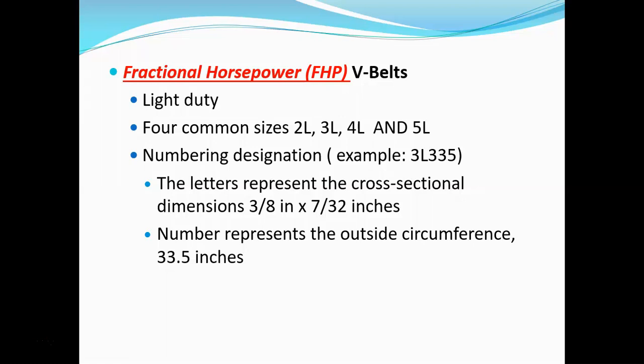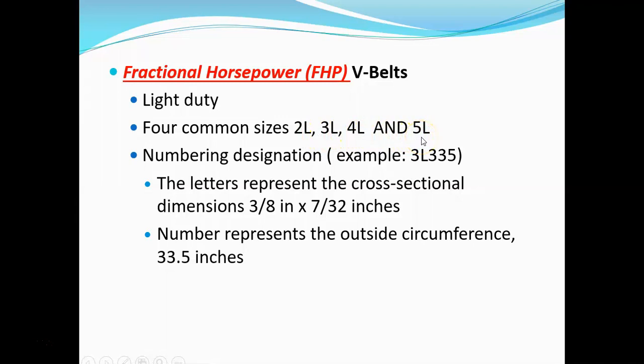Fractional horsepower belts, and these are kind of in line with the sizing of the narrow groove V belts. All they are is a light duty belt. So if you see an L in the designation, you have 4 designations, cross section sizes. You have 2L, 3L, 4L, and 5L.